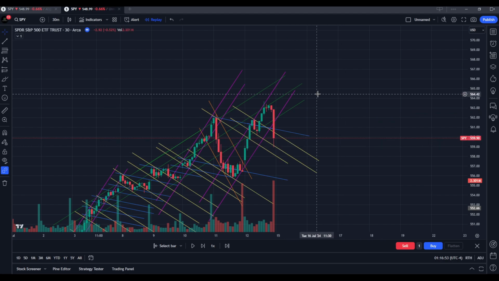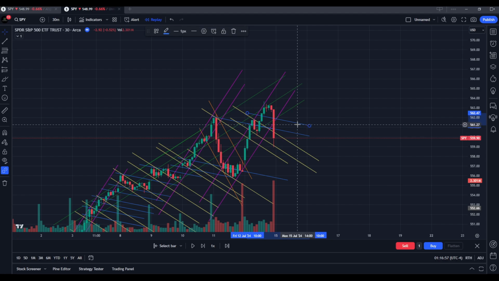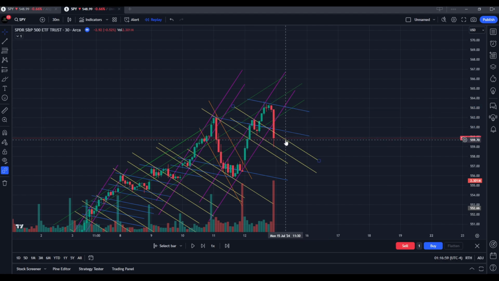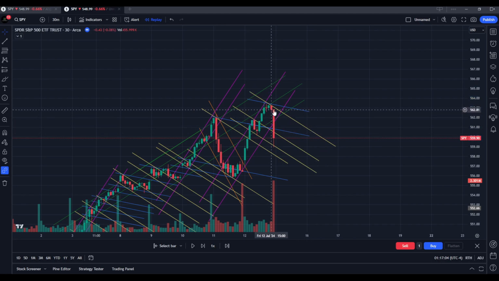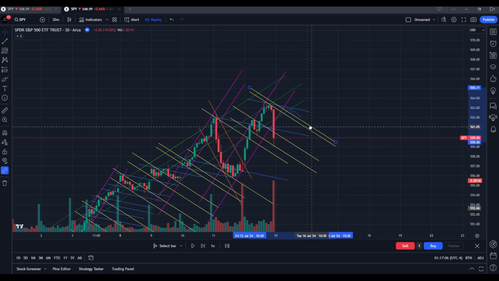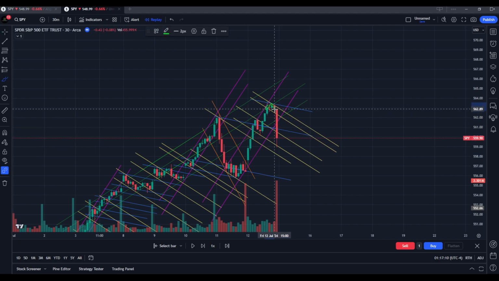Okay, so what we're looking for right here, that same controlled selling, but instead we do not get the same controlled selling, right? We don't get this smaller channel right here going like this and then continuing higher within the purple.